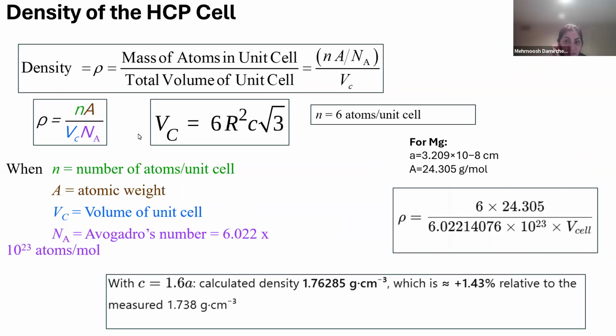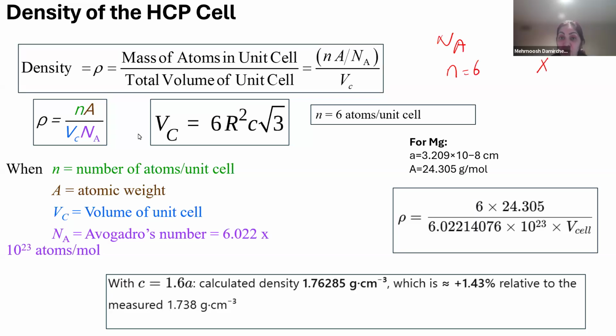Okay. Now we want to compute the theoretical density by this formula. Density, or rho, is the mass of atoms in the unit cell divided by the total volume of the unit cell. We know that the mass is N times A, where A is atomic weight, divided by Avogadro number, N_A. For example, for HCP, we know that N is 6.